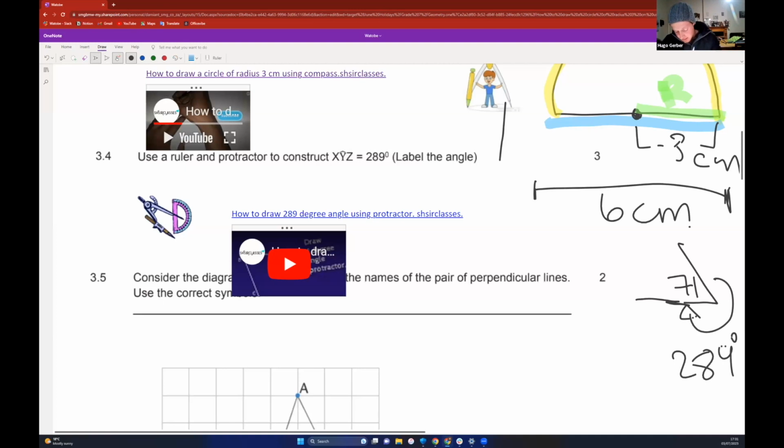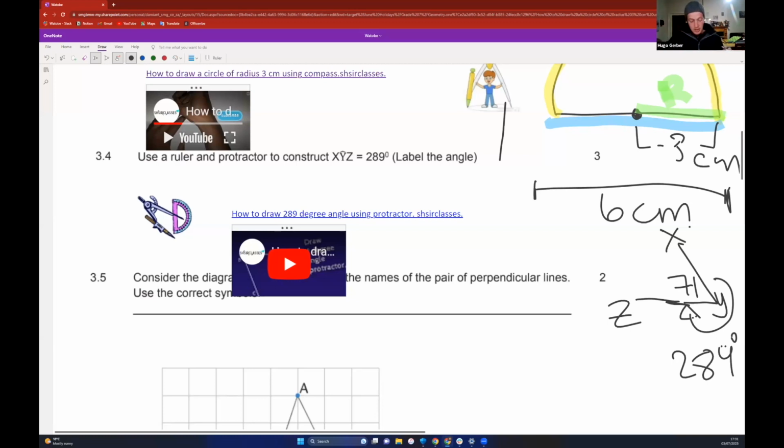So we will be saying X, Y, and Z. Okay, please make sure that you all have that. We're going to measure an angle of 71 just because that's easier than measuring the big angle.